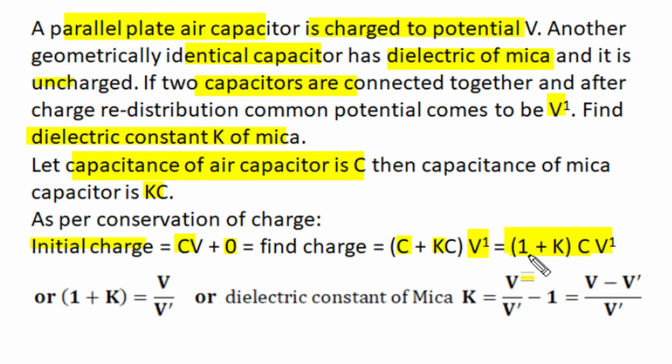Initial charge and final charge can be equated to each other. So 1 plus K, when C gets cancelled, becomes the ratio of the initial voltage on the air capacitor divided by the final common potential, and K, the dielectric constant of mica, is V divided by V dash minus 1, and when the LCM is taken, this would become our value of the dielectric constant of mica.